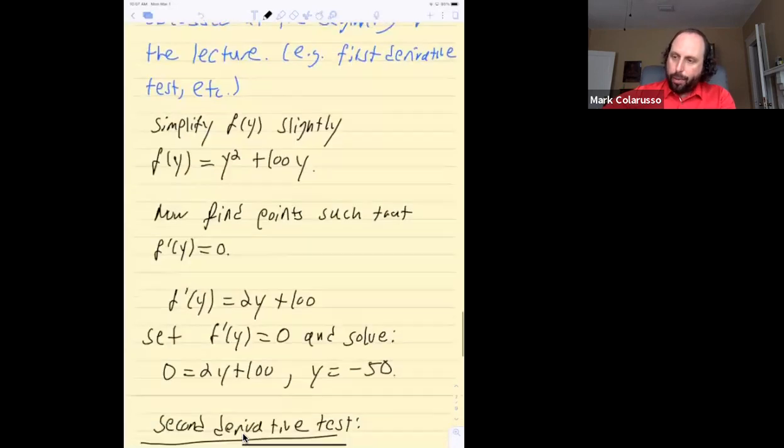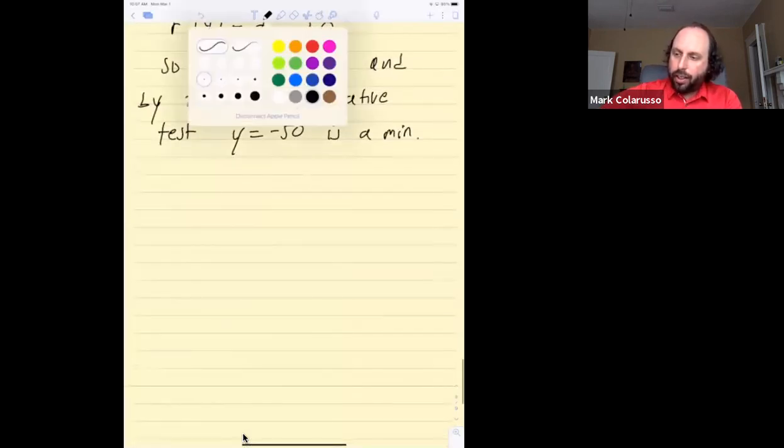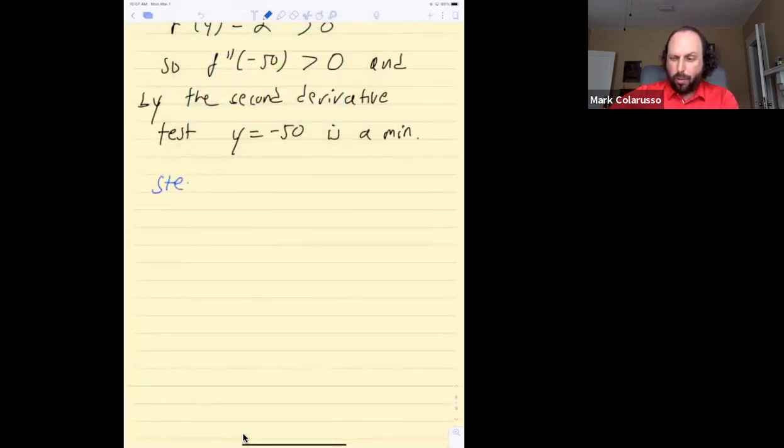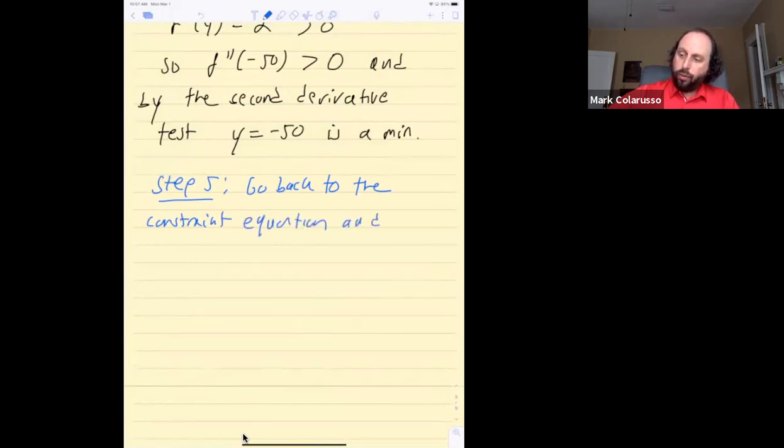So the last step, and this doesn't always have to be done, but sometimes it does, is go back to the constraint equation and solve for the other variable, the value of the other variable at the minimum.